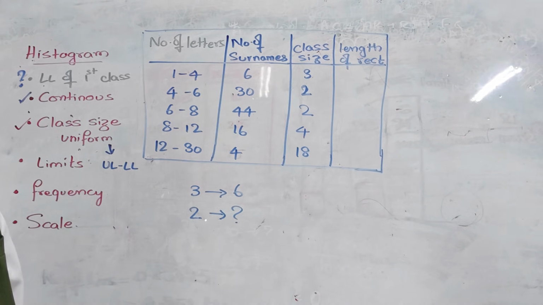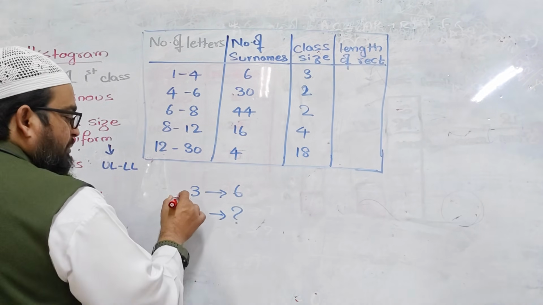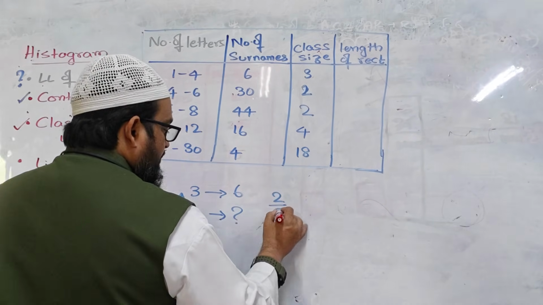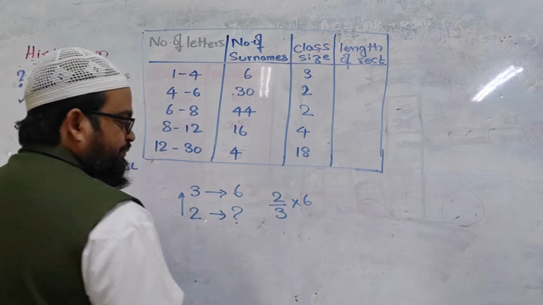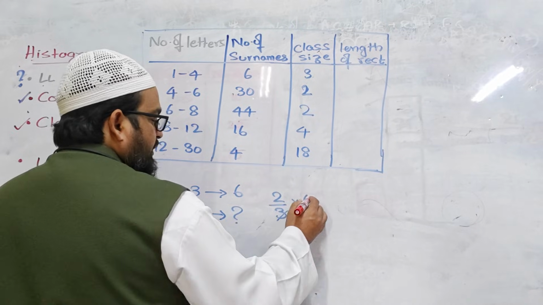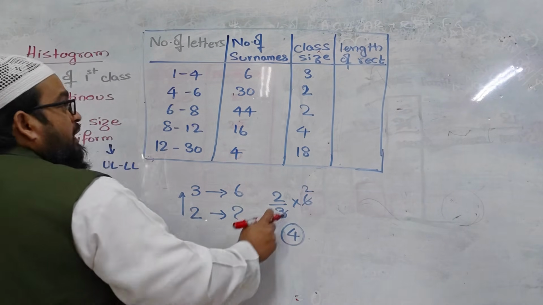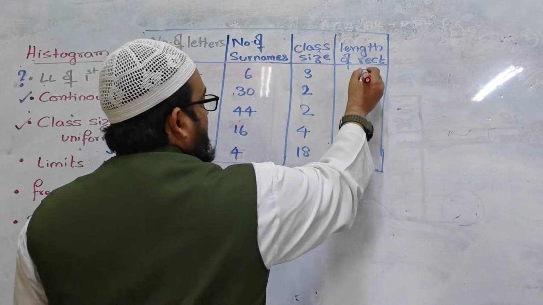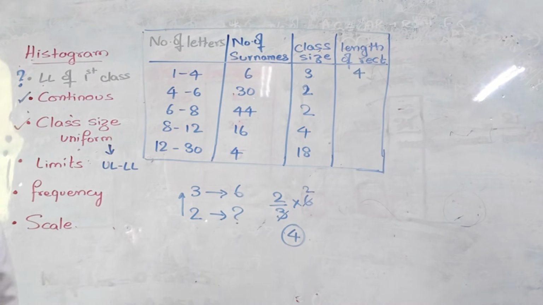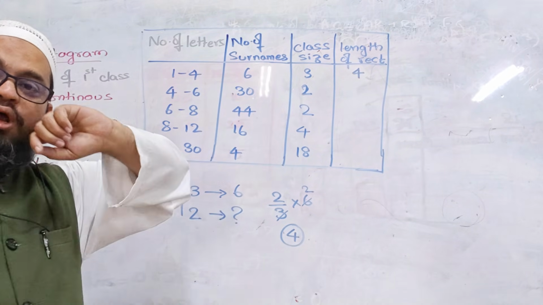This is the unitary method which we used to do. 2 divided by 3 into 6. Understood? So here 3 ones are 3, 3 twos are 6, 2 twos are 4. Therefore the length of the rectangle should be 4, when we make it proportional to the smaller class size.